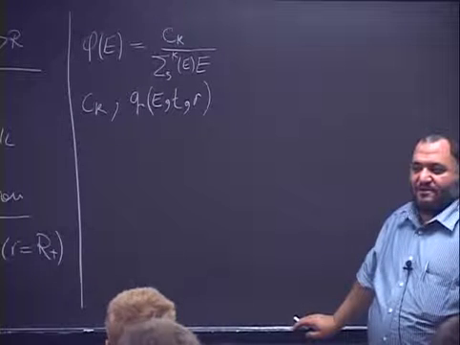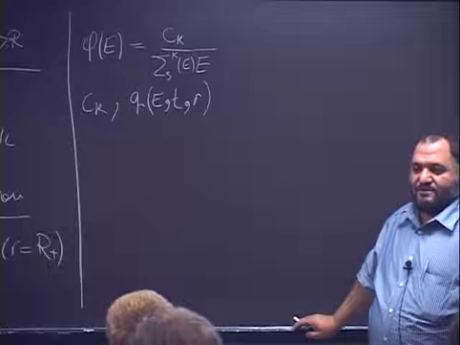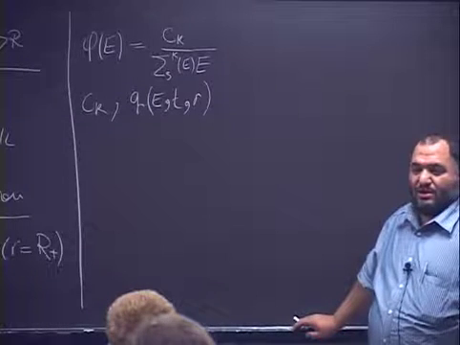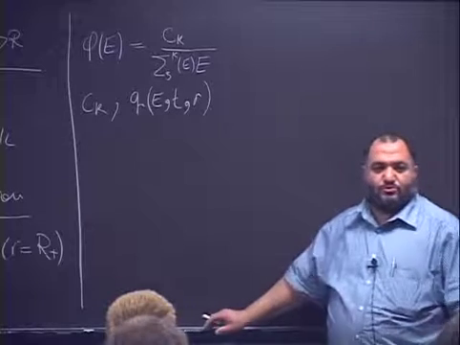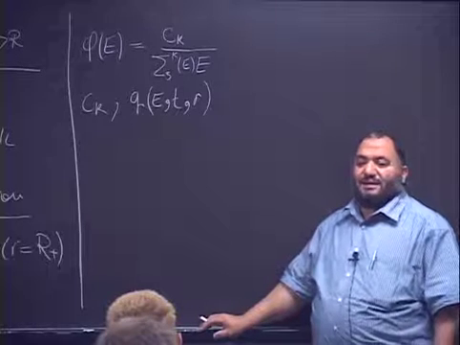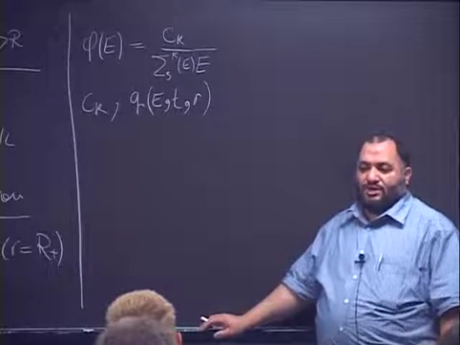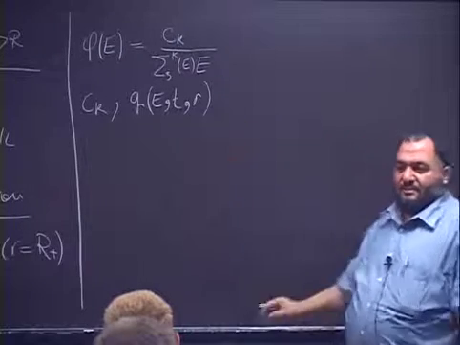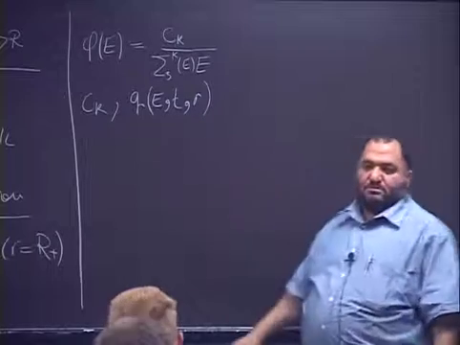I defined this several times, a long time ago. It is the slowing down number of neutrons per centimeter cube. So it's a density that slows down below energy E from above energy E at time T, at position R. Okay, guys?